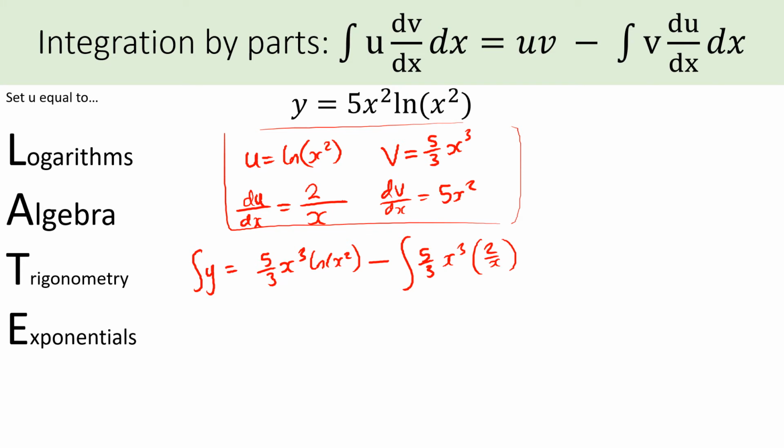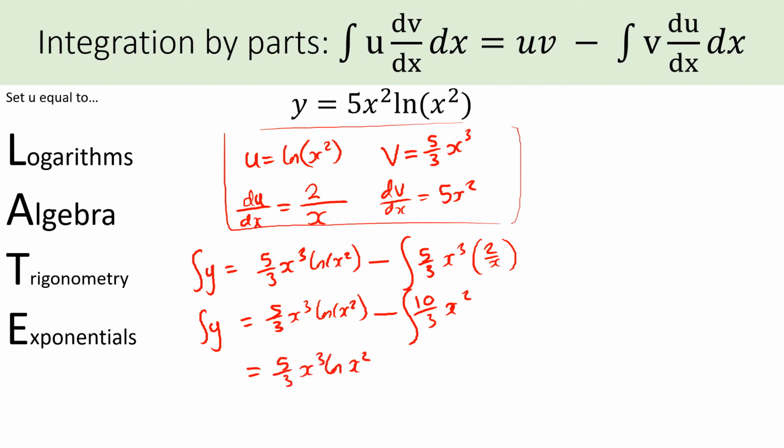So we will times the 5/3 by the 2, so we'll have 10/3 overall, and x cubed divided by x, so that's 10/3 x squared. So there we go. We can then integrate the 10/3 x squared, so we'll go to 5/3 x cubed ln x squared, take away, divide by 3, 10/9, increase the power, x cubed plus c.